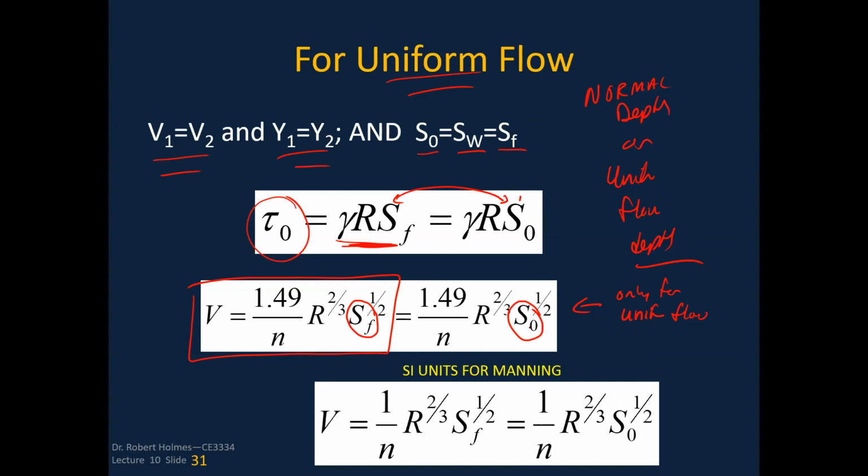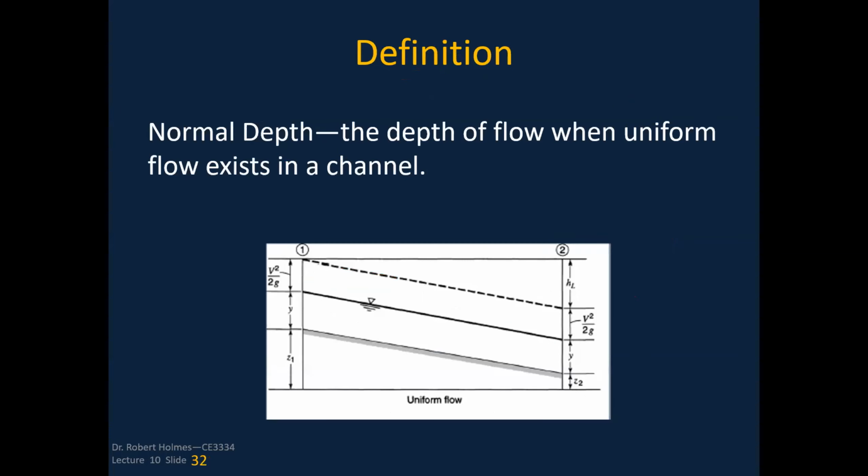So I can't use the bed slope in replacing the friction slope unless I'm assuming that I've got uniform flow conditions. So again, we've got this thing called normal depth, also known as uniform flow depth.